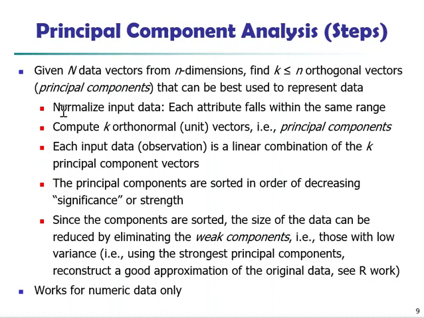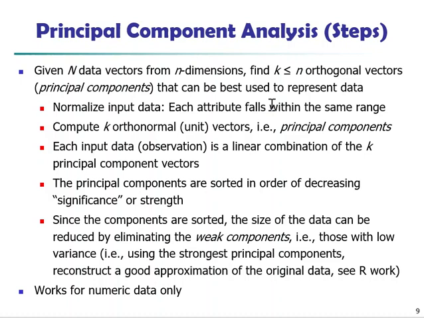Because if data is not normalized, for example, if some attributes are measured in kilometers and others measured in centimeters, then the values measured in centimeters are going to have larger variance. It's going to carry more weight. That skews the analysis. So therefore, we typically do a z-score normalization to get the data into roughly the same range.